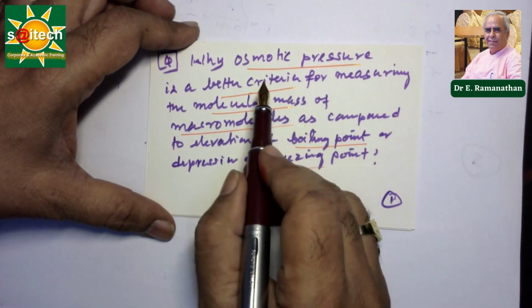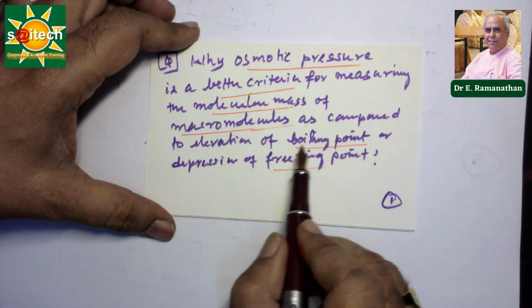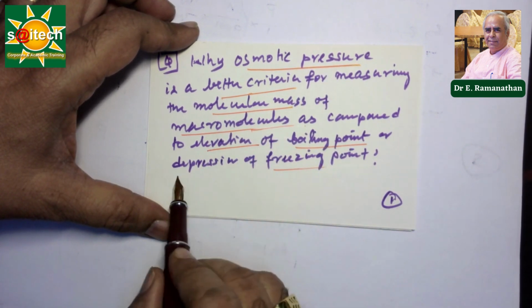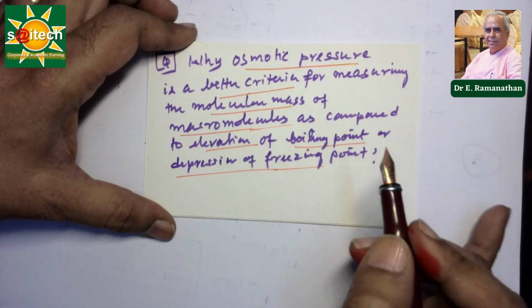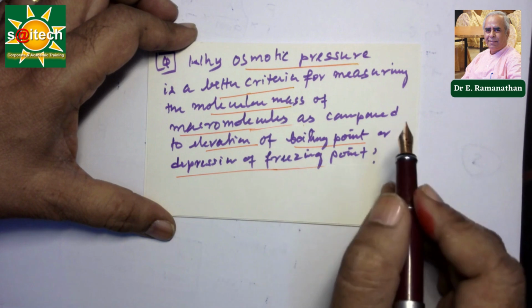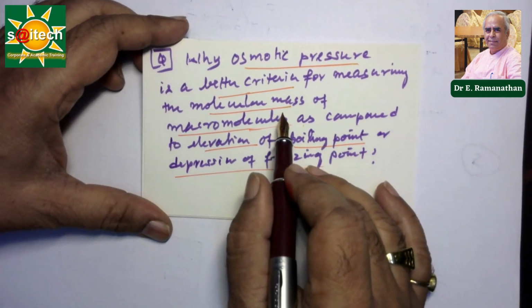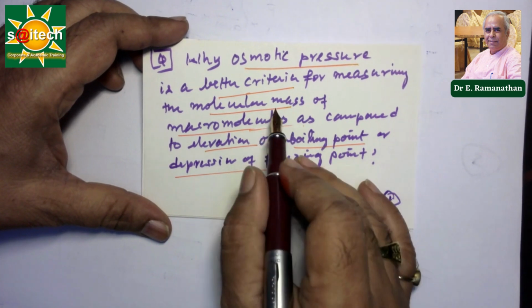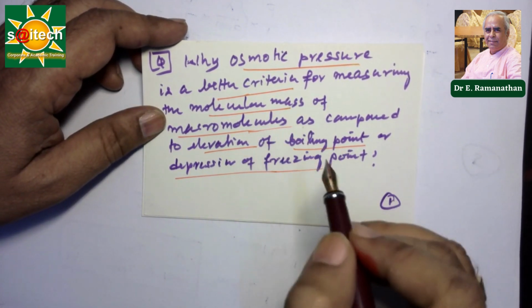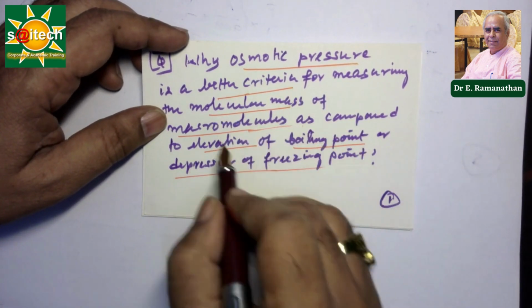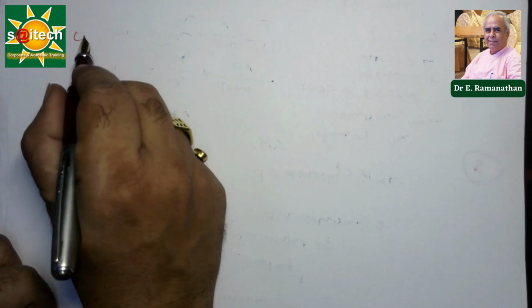We already know osmotic pressure, elevation of boiling point, and depression of freezing point. These are all various colligative properties, and these parameters are very useful for us to determine the molar mass. First of all, let me explain how the molar mass is calculated based on these colligative properties. Now, what are colligative properties?